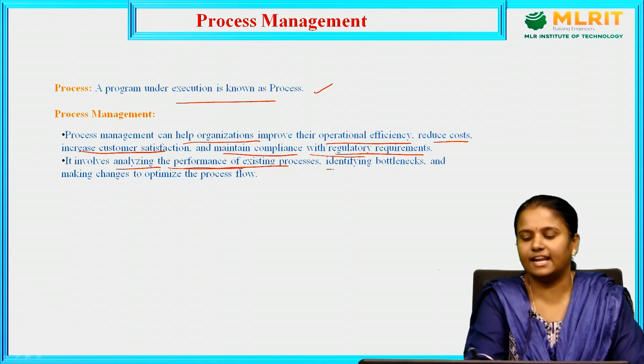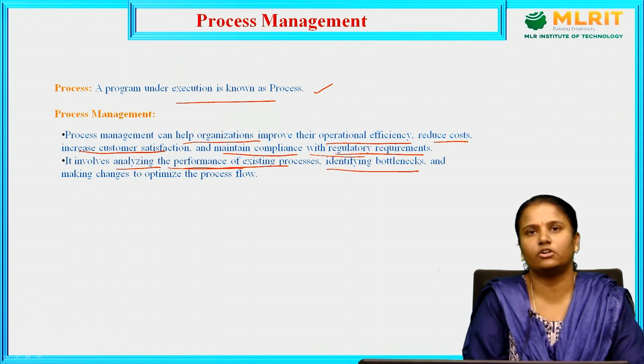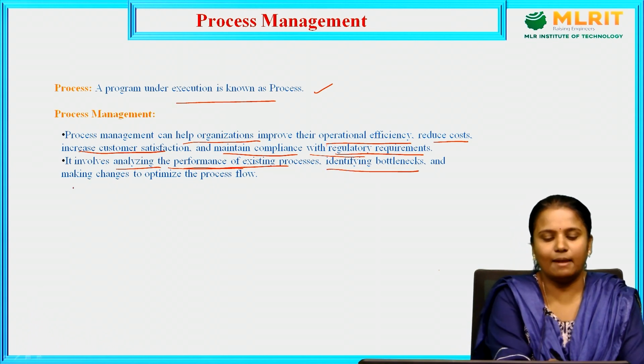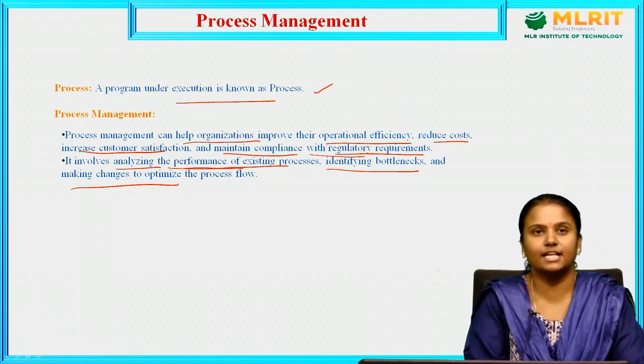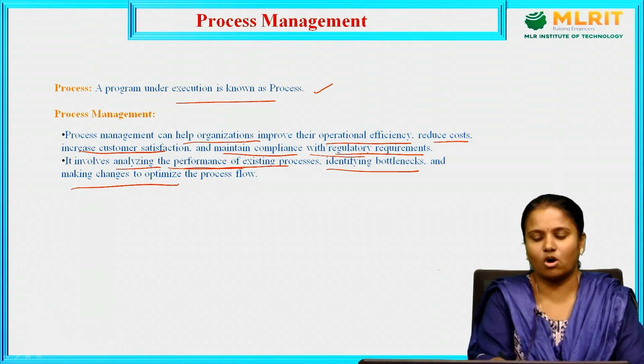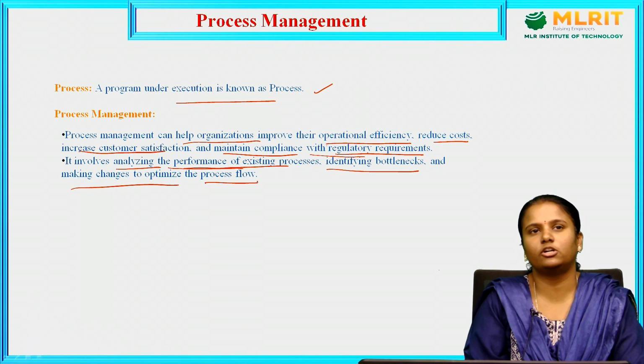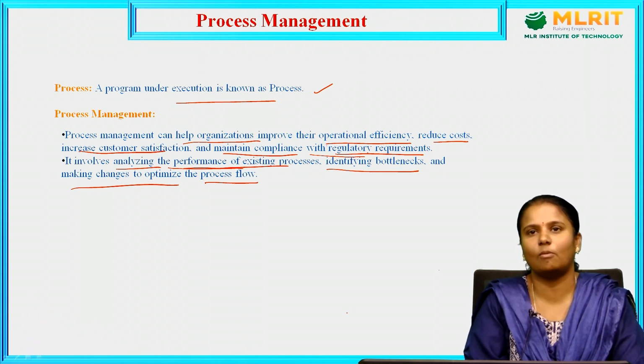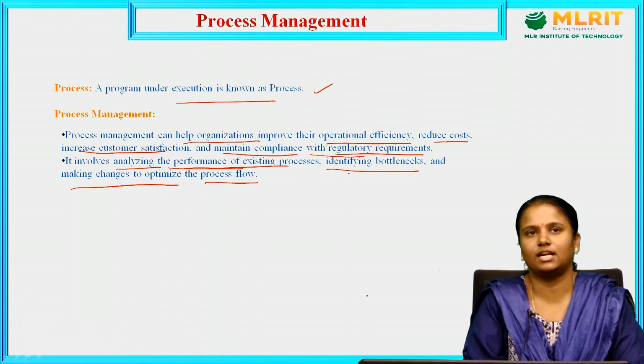And next, identifying bottlenecks. How are we going to identify the bottlenecks and make changes to optimize the process flow? Whenever you optimize the process flow, the size can be changed or the flow of the process can be changed, and we can easily identify the bottlenecks. This is how we manage the process.